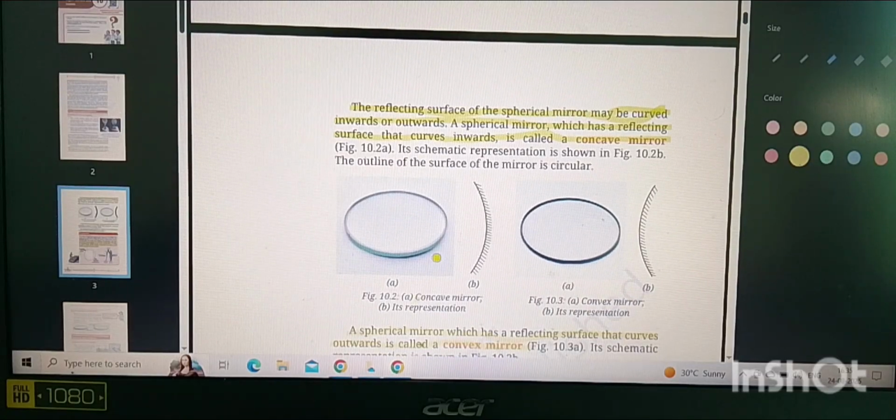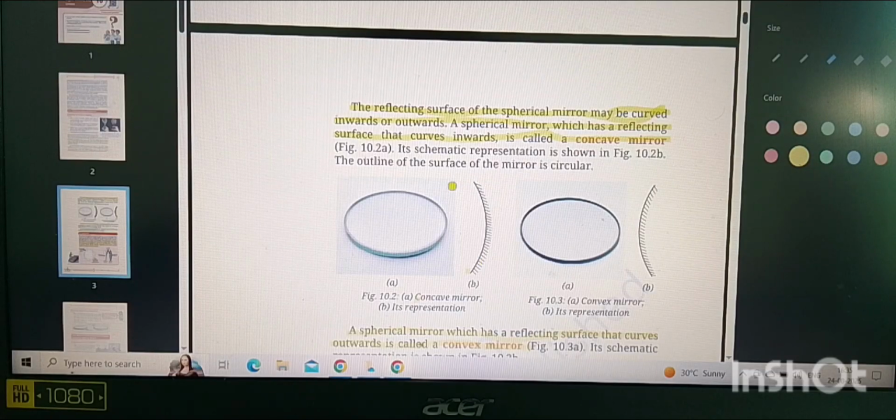In this image you can see this side is the reflecting surface, and the other one where the parallel lines are given is the non-reflecting surface. That you have to understand.